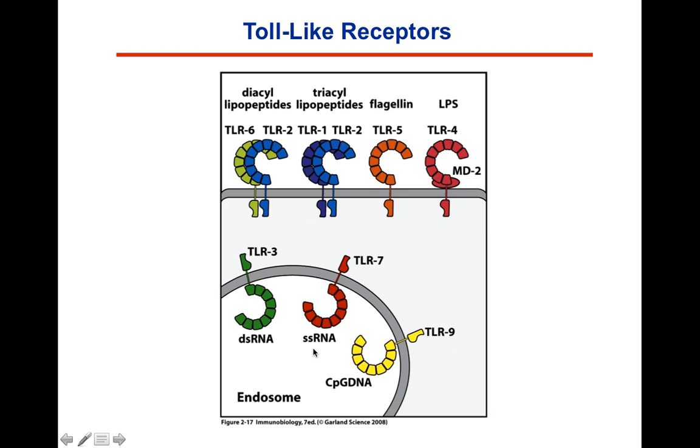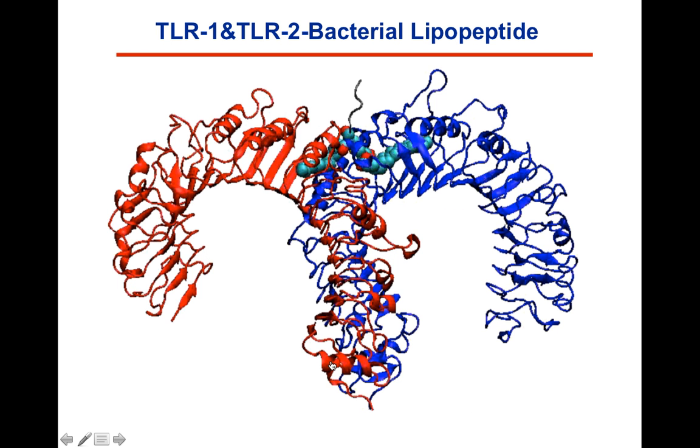They'll recognize single-stranded RNA, and they also can recognize DNA, in this case CpGs. And these are really potent ones that can bind to TLR9, for example. CpGs are potent activators of the immune response.